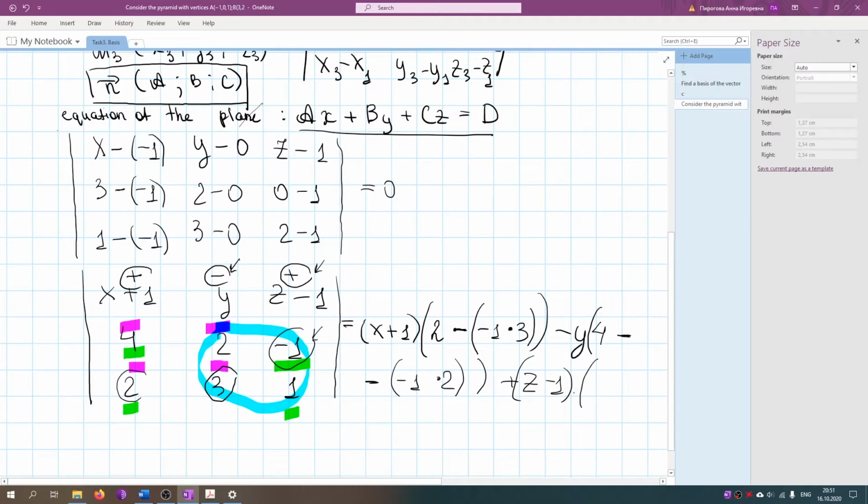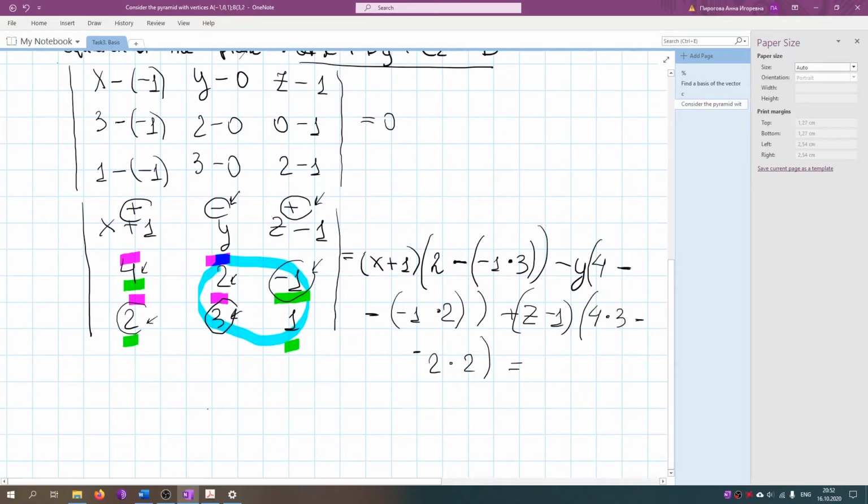So we multiply it by 4 multiplied by 3. So it is here, minus 2 multiplied by 2. They are here. And close the brackets.